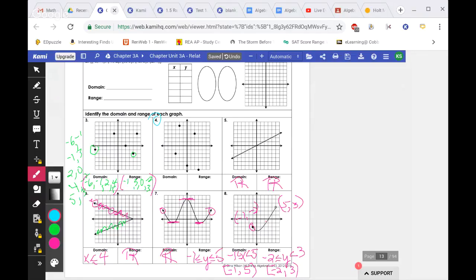Because I would have this one, 1, 2, 3. That would be 3, -2. This one here would be -2, 5. And this one would be 2, 3. And then 0.